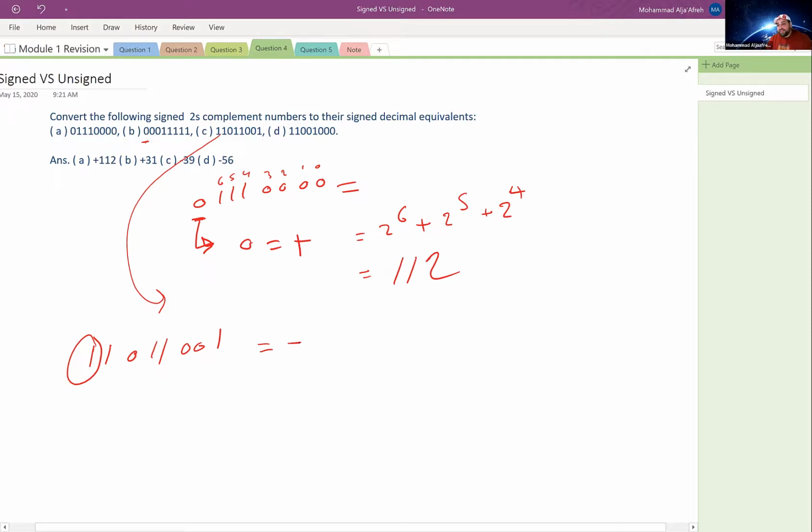So how can I get the actual number in binary, the magnitude in binary? How can I get that?